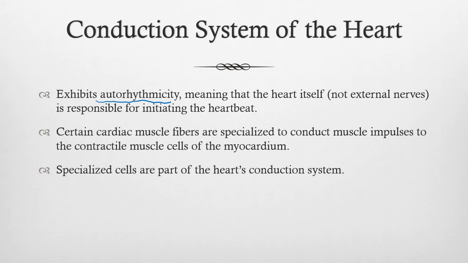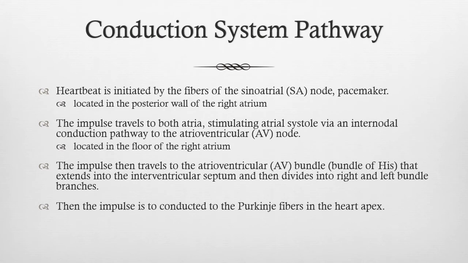So this allows for that transmission of the electrical impulse all throughout the entire heart, because we're going to go from the SA node to the AV node to the left ventricle, and then the ventricles are then going to contract and eject the blood from the heart itself.